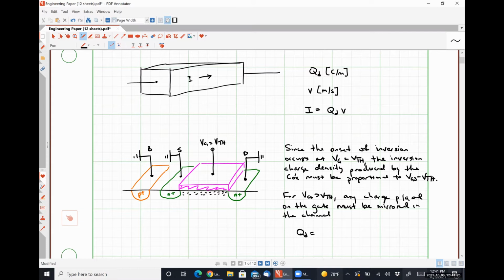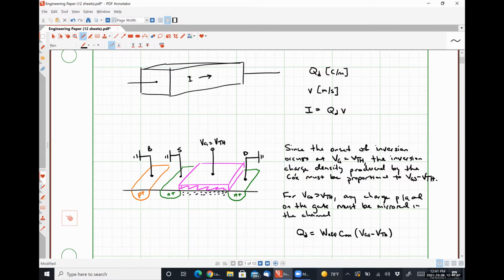QD that is dependent on the width of our active regions multiplied by our gate oxide capacitance, and then multiplied by the quantity VGS minus VTH.